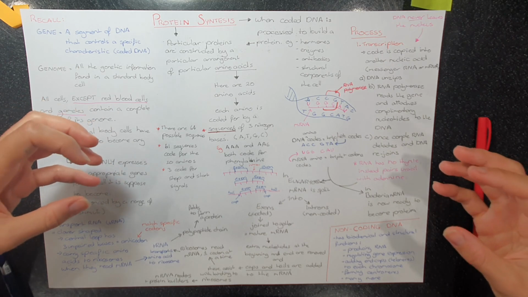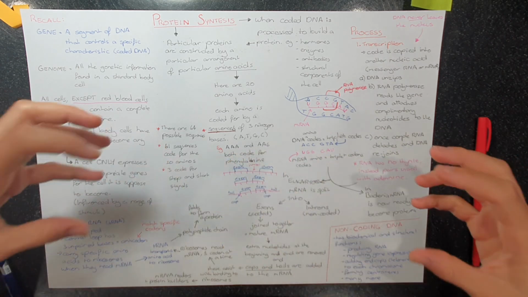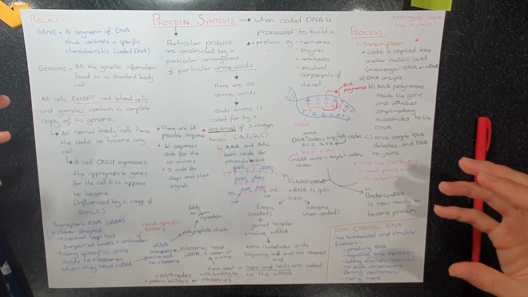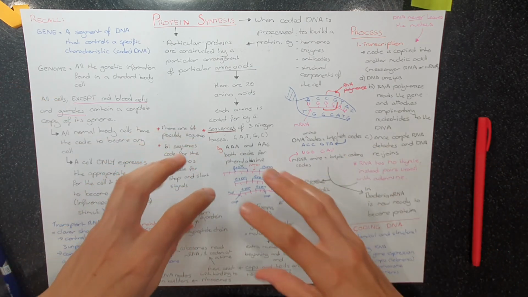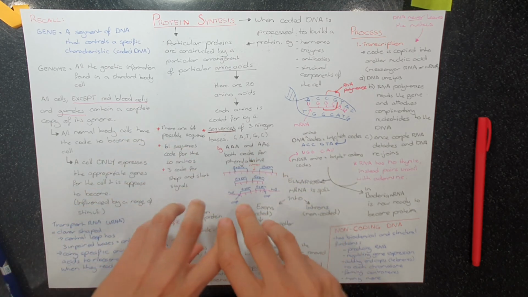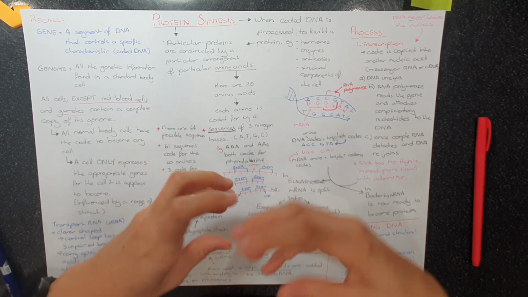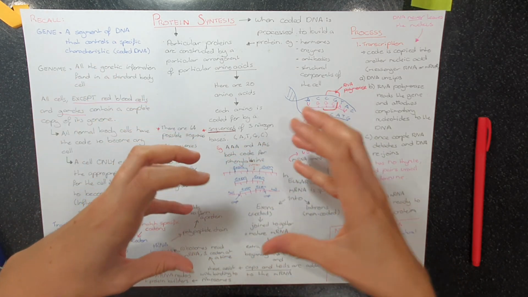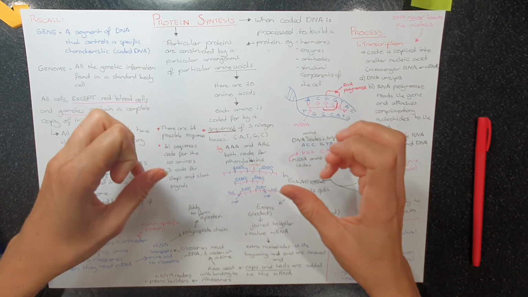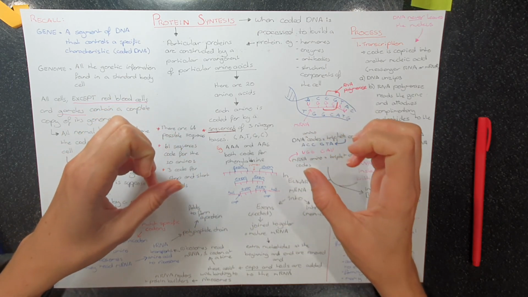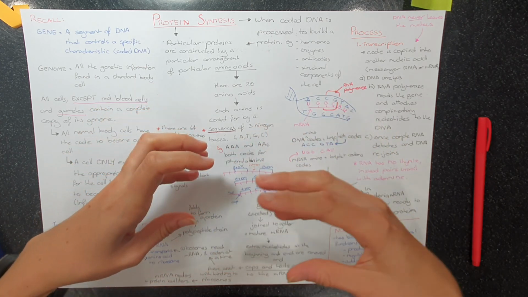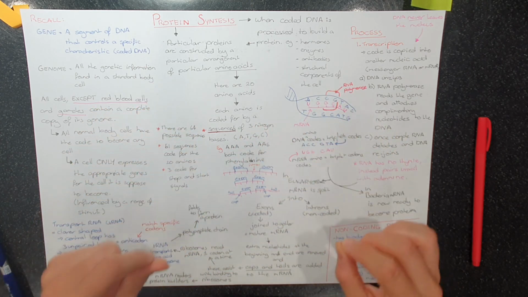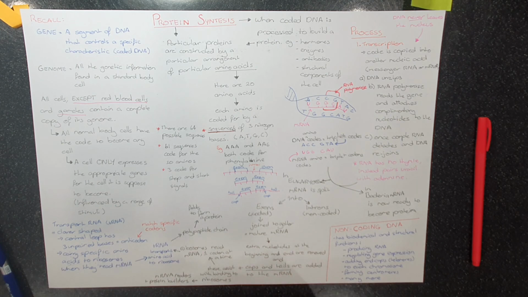Once the ribosome has read the whole mRNA strand, it will release it, and that polypeptide chain will begin to fold and twist and swivel on itself to create a very specific shape, because shape is very important for proteins. It will combine with some other chemicals to form a very specific protein.